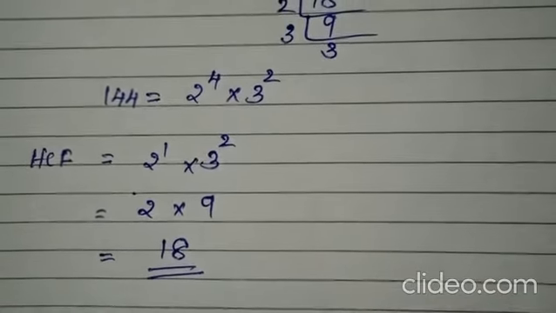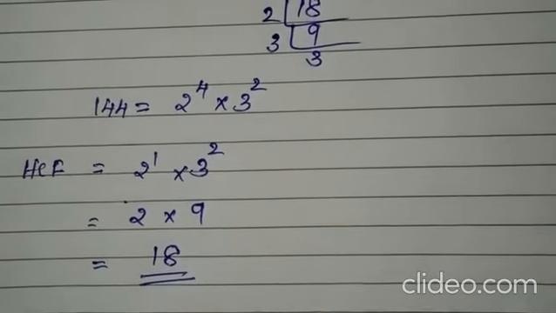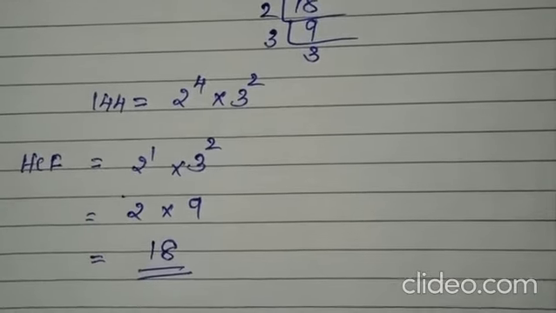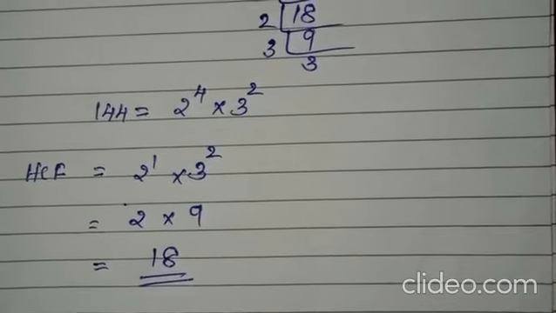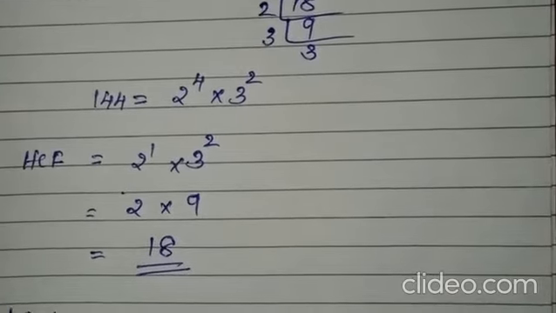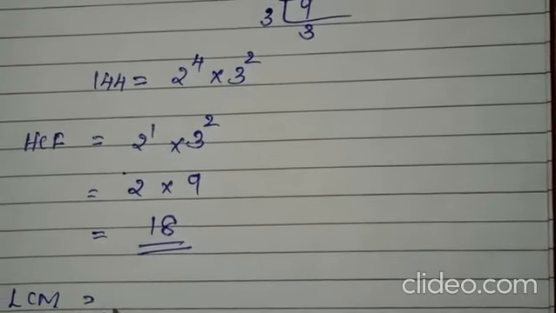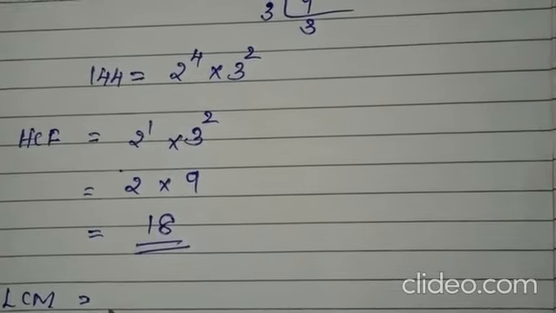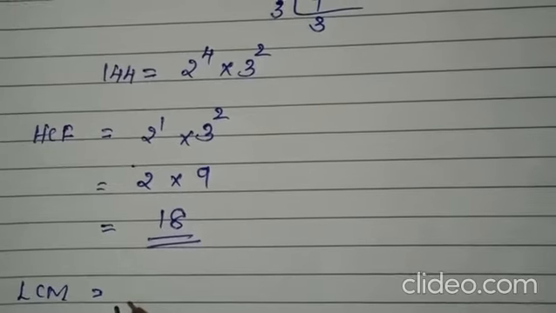Next is LCM. To find the LCM, we list all prime factors of 90 and 144 and their greatest exponent. Okay. So, LCM is equal to, the prime factors of 90 and 144 is 2, 3 and 5. Greatest exponent 2 raised to 4 and 3 raised to 2 and 5 raised to 1.